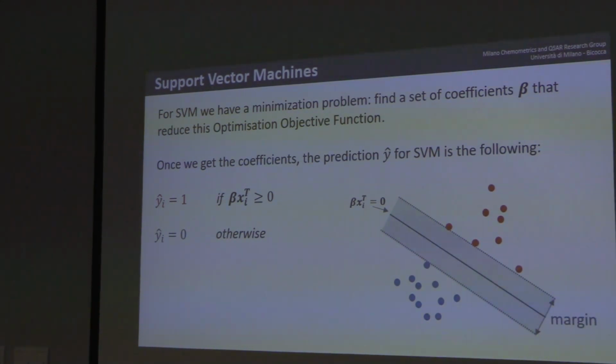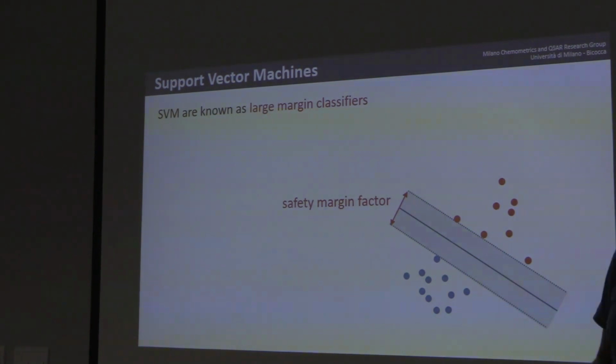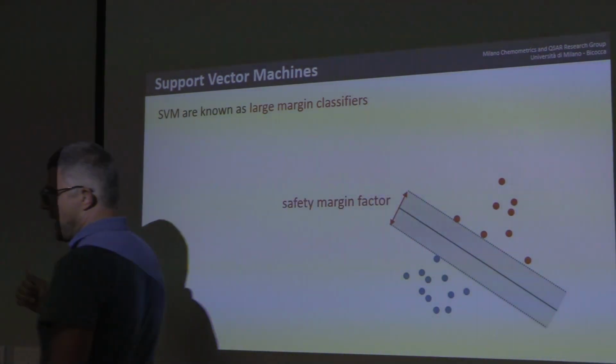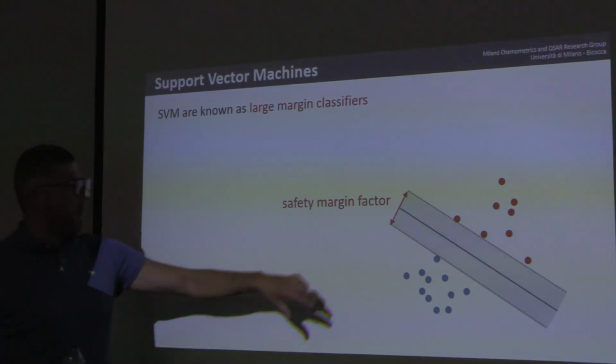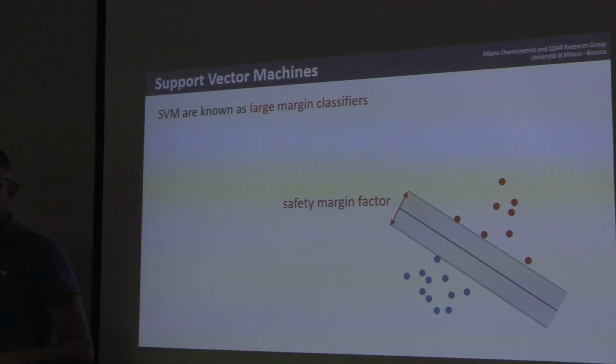And this is why they are called large margin classifiers. This is the reason why they are called in this way, because they try to have a safety zone between the two classes.